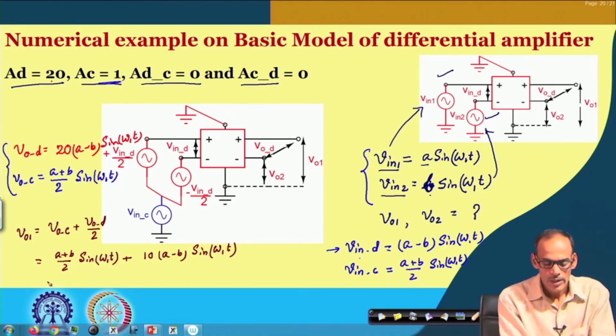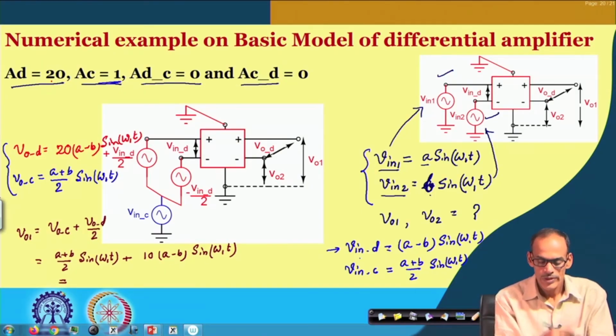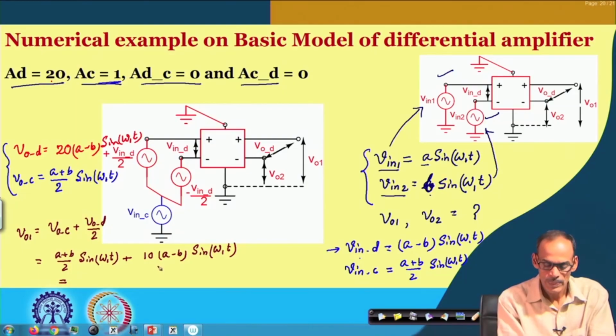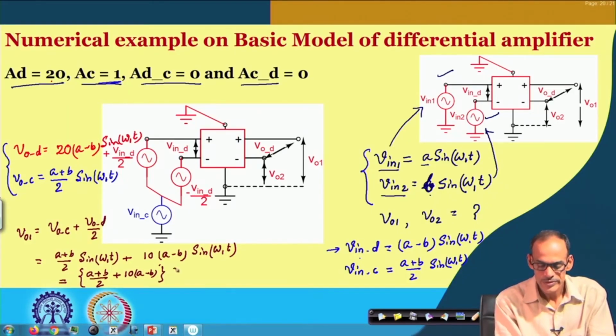Simplifying further, A plus B by 2 plus 10 A minus B, sin omega 1 t.